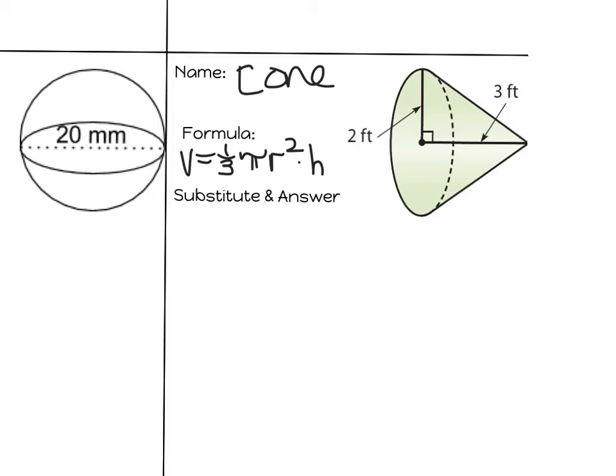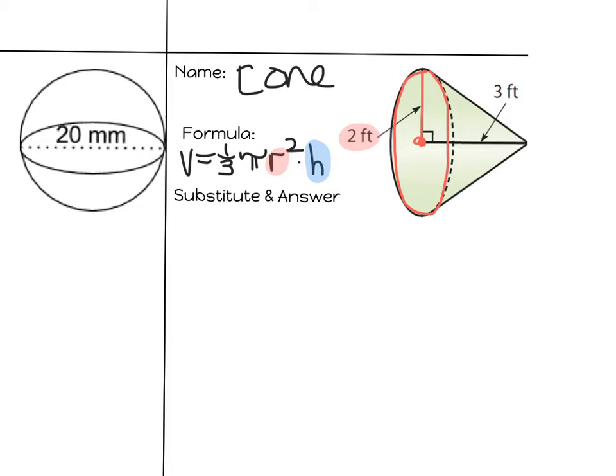So let's substitute in here. We need to substitute in a radius and a height. So remember, the radius is part of the circle. So here's our circle part of the cone. And the radius starts at the center and goes to the outside of the circle, which means our radius is 2 feet.